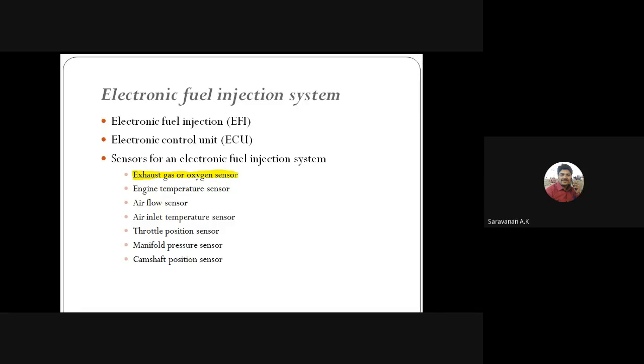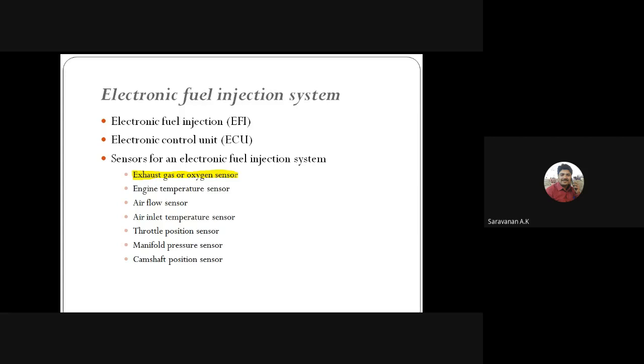While the air fuel mixture is burning in the engine cylinder, in the exhaust condition, how much oxygen content will be there in the exhaust gas, that we have to sense, and we have to calculate the air fuel ratio.